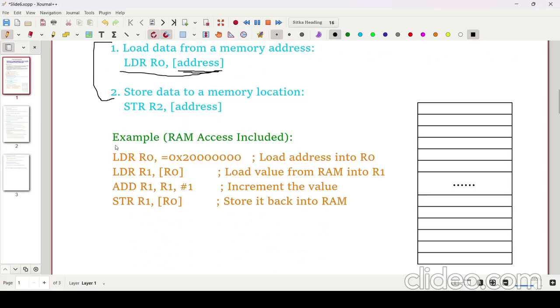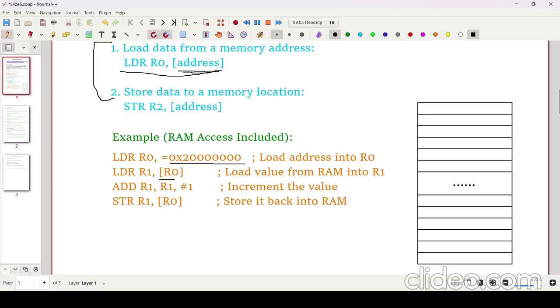And in this example, RAM is accessed as well. We are storing this address, which is an address in the RAM, into the CPU register R0. That is, loading the address into R0, and in the next instruction we are loading the value from RAM into R1.